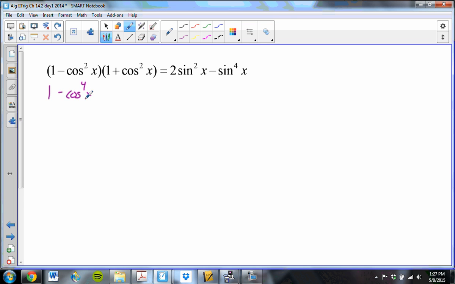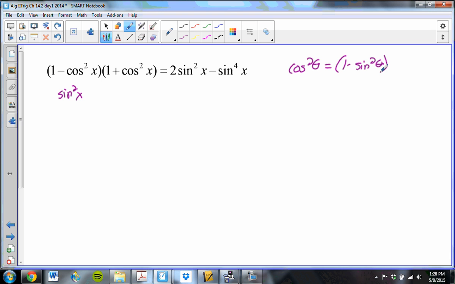I don't want cosines, I want sines. So maybe I'll do this. Here's kind of a weird trick. I know that 1 minus cosine squared is sine squared. Yeah, I think this is going to work. 1 plus cosine squared doesn't tell me anything. But I can take that cosine squared and write it as a 1 minus sine squared.